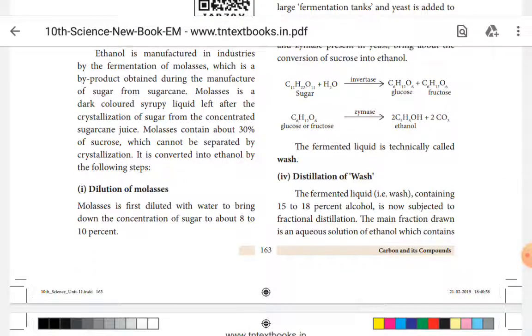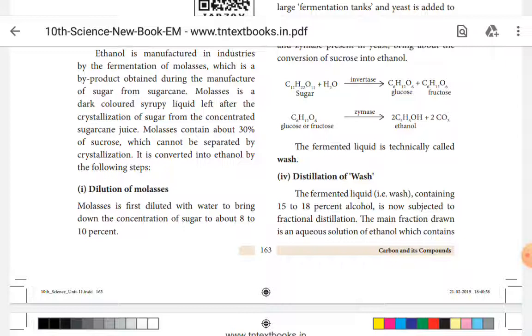The fermented liquid, that is wash, containing only 15 to 18% of alcohol, is now subjected to fractional distillation. Now we have to increase the percentage of alcohol from 15 to 18 to 100%. There are two steps involved in the conversion of wash into absolute alcohol.